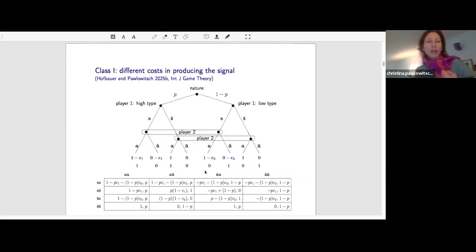So the low type really needs more time and effort or resources to produce the signal. That fits very well the job market story, because we can assume that someone who is really motivated, let's say someone who really wants to be a doctor, for such a person, it's easier to pass the exams and so on. So it's easier to get a degree.